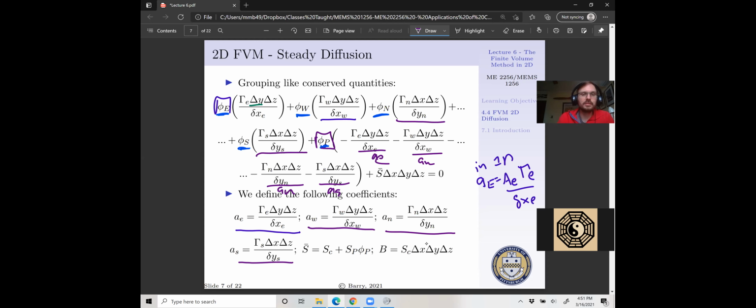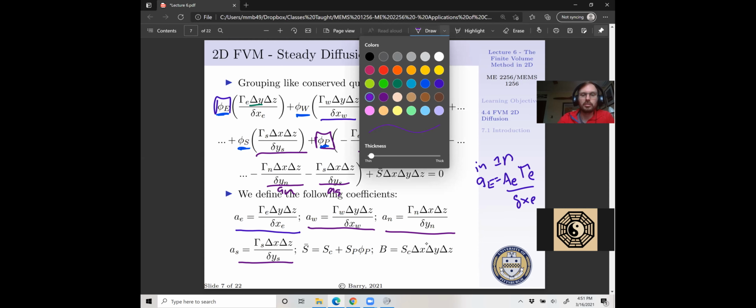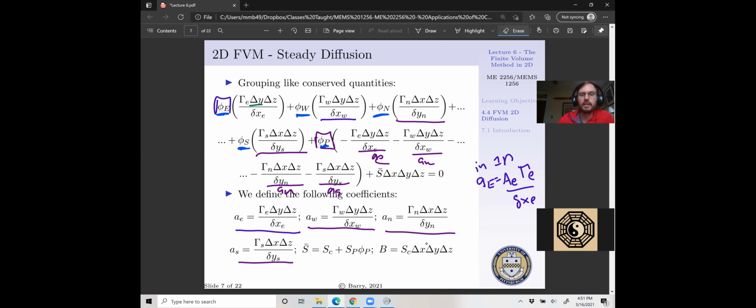So through this process, our equation really hasn't changed. All we really need is an update to definitions of our coefficients for our conserved quantities. Namely, we need to update A east, A west, A north, A south. And then when we calculate AP, which leads phi p, we just have to include our new neighbors to the north and the south. So it's really a slight modification going from 1D to 2D.